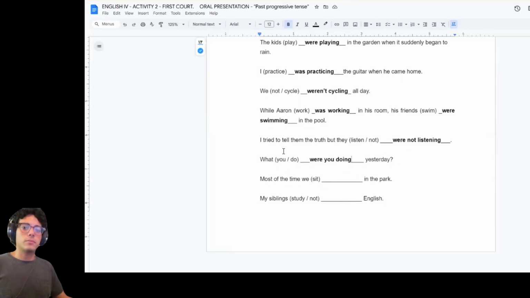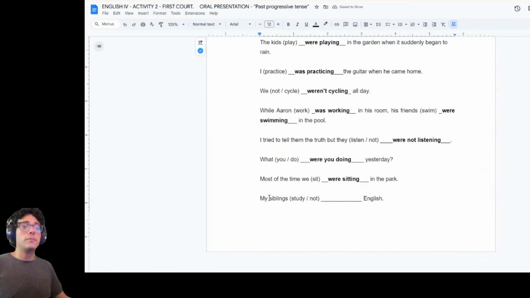And we have a couple more. Most of the time, the verb is sit in the park. Okay, so most of the time we were sitting in the park.